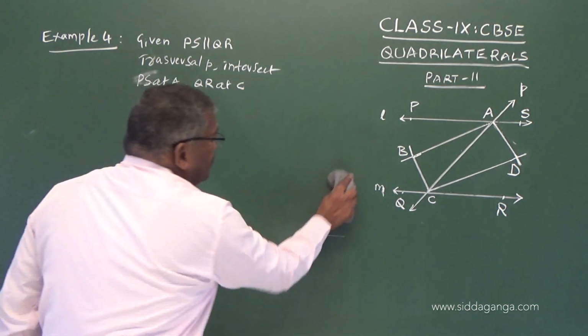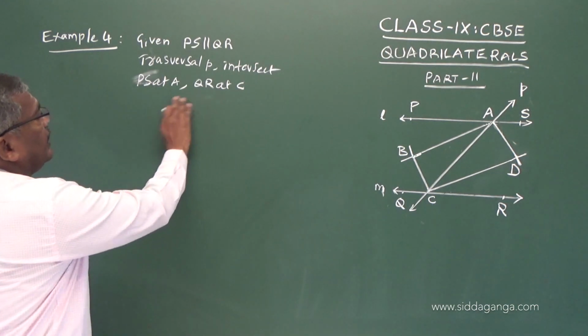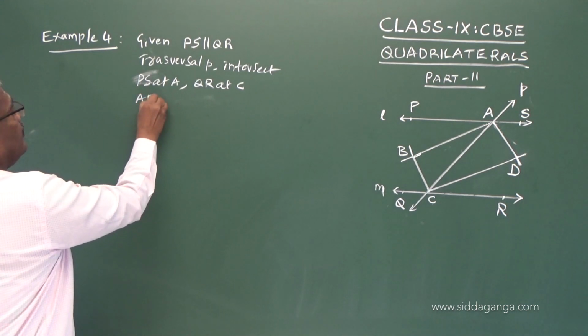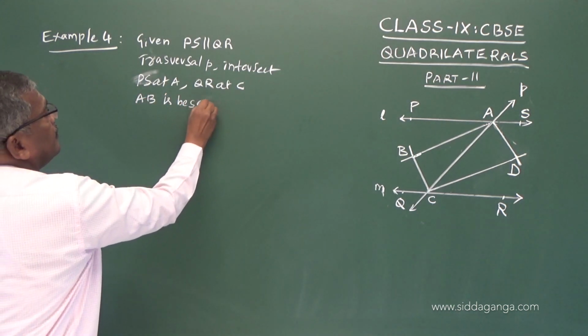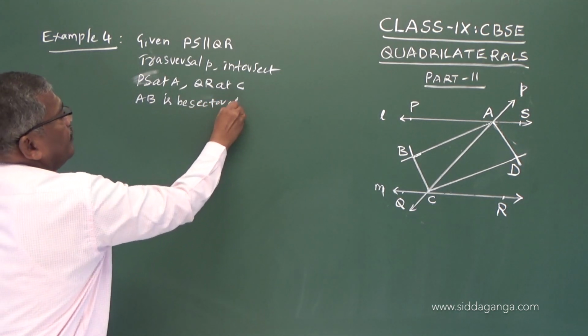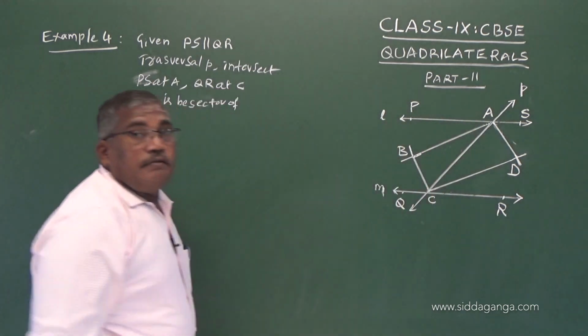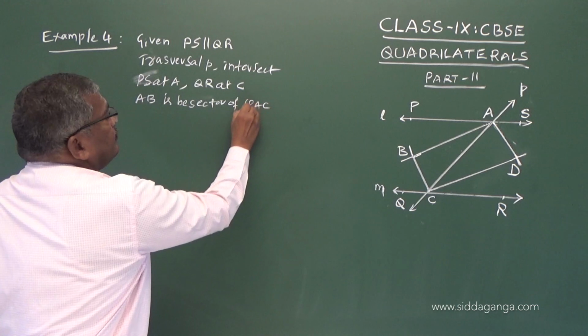I will write it. AB is the bisector of PAC, that is one of the interior angles.